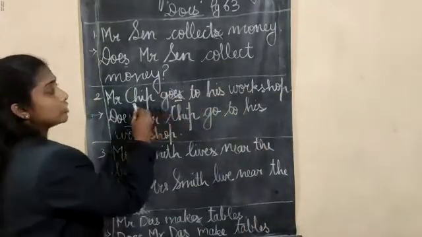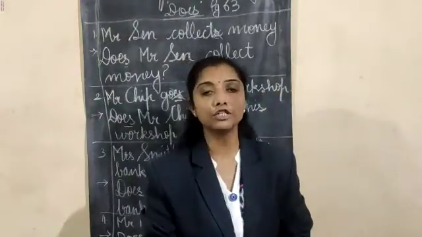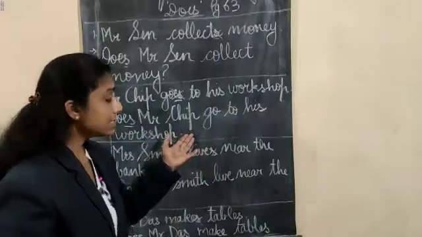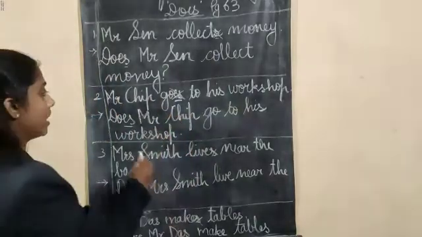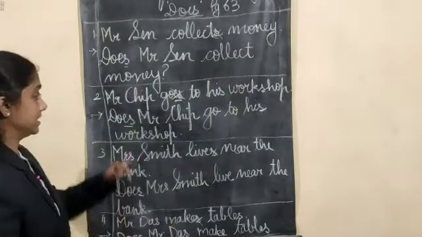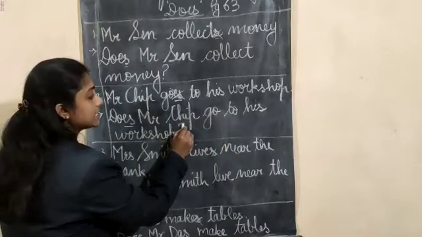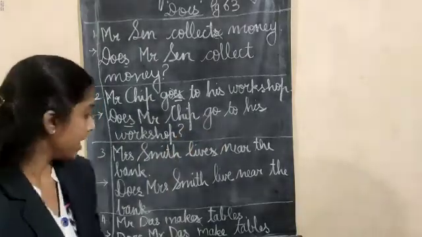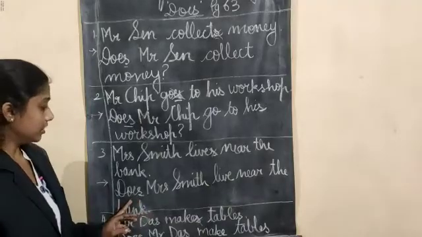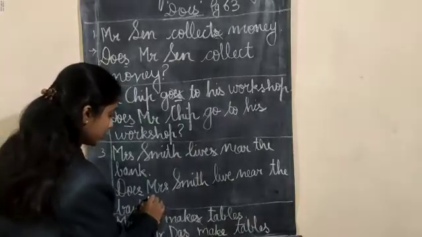Okay. So here also I was telling you that after the sentence we put a full stop. That means after the question we have to put a question mark. So here in the second sentence, does Mr. Chip go to his workshop? This is a question. So we put a question mark at the end, right? Here, does Mrs. Smith live near the bank? Question mark.